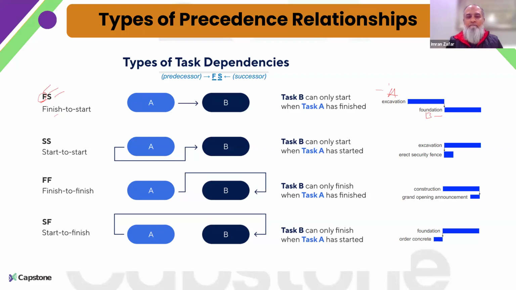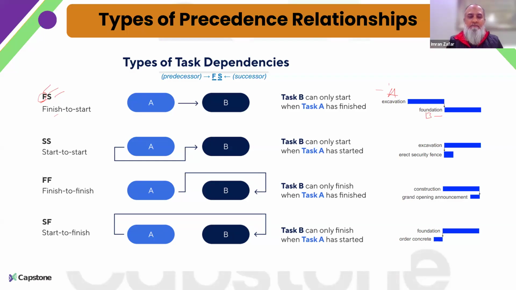Unless the report writing is complete, you cannot complete the editing part of it. Maybe you are working in parallel on both things. You are writing the report and you are reviewing or editing it as well, which is your task B. But you cannot say that your editing is 100% complete until you are done with writing the report as well.